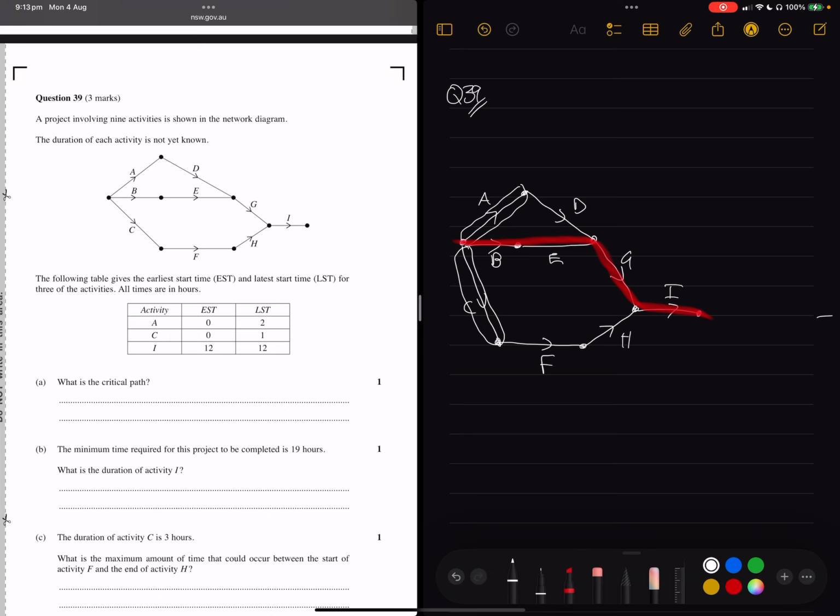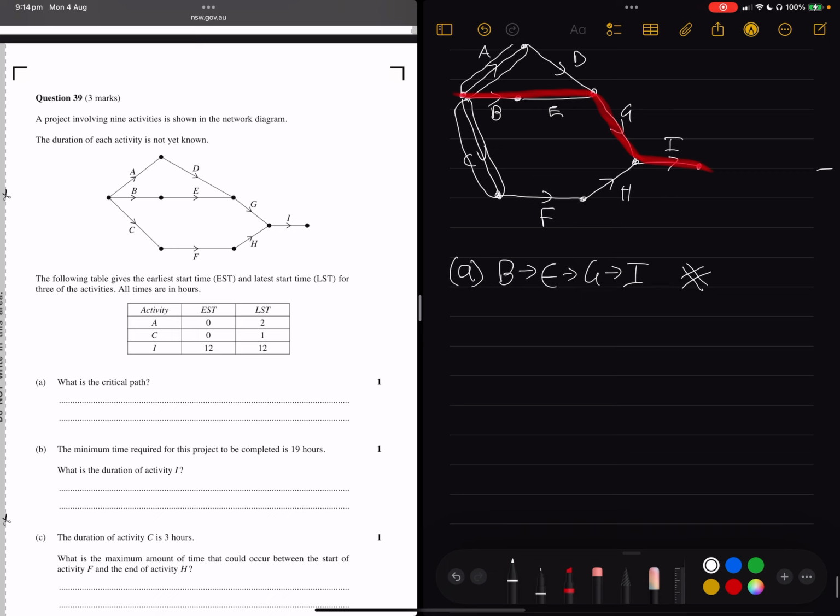So for part A, the shortest path must be B to E to G to I, because either of the other paths have gaps in them, but BEGI doesn't. So that's part A.